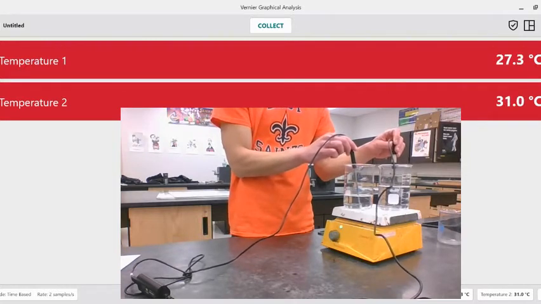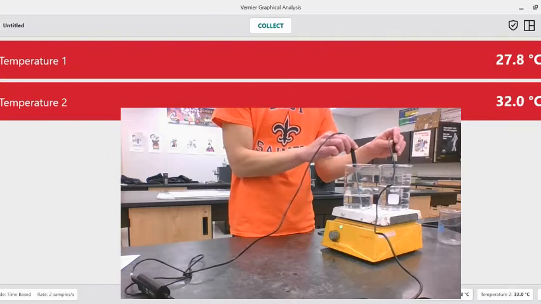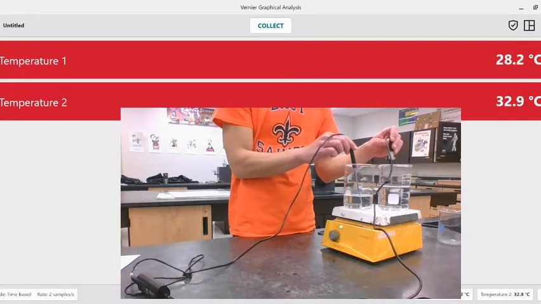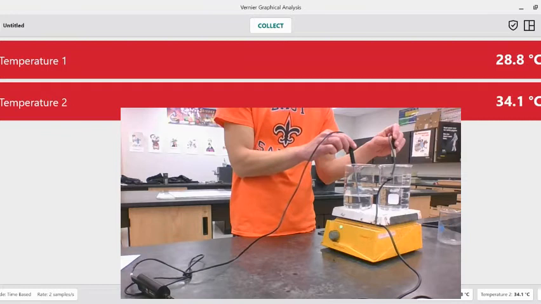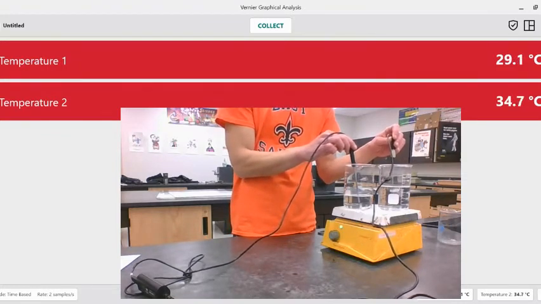I'm going to hold these up a little bit so that they're reading the middle of the water as opposed to the water that's right next to the hot plate. Okay, so that made a little difference, I think. When the probes are touching the hot plate, they get influenced by the hottest part. But really, the heat heats the water on the bottom. That water mixes with the other water to get the overall temperature of this whole sample.